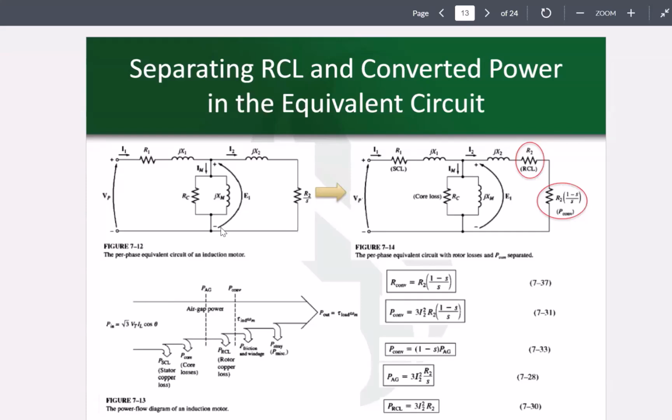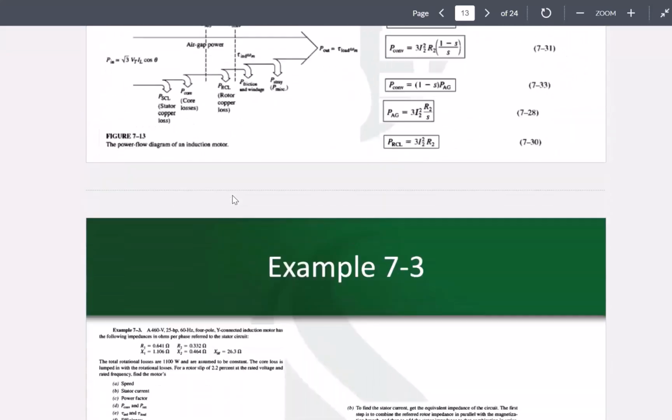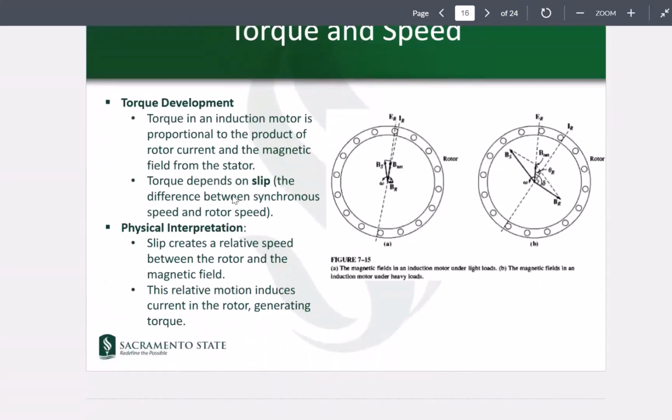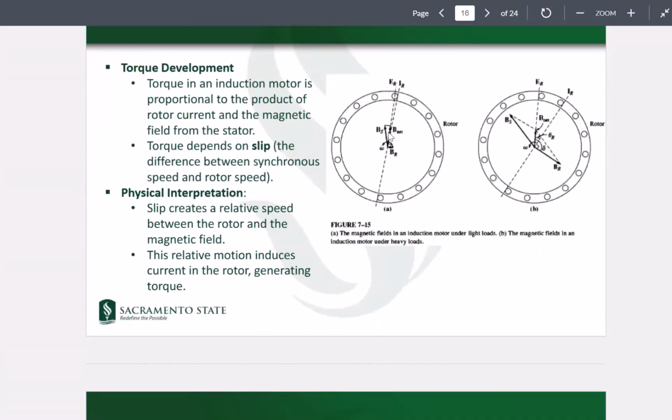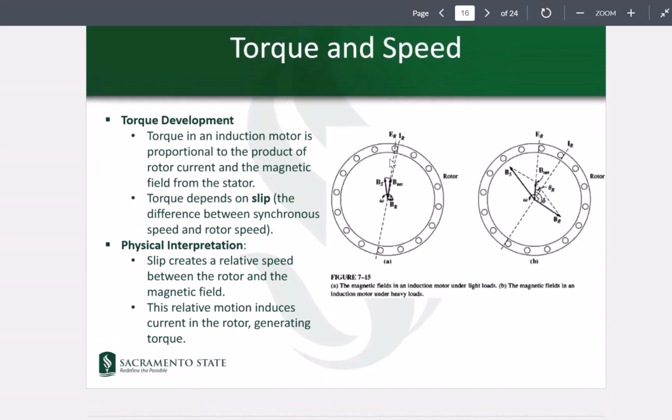Or in other words, this E1 is almost equal to the terminal voltage here, VP, or the source voltage. What I'm trying to say is that this E1, which is really representing that B net, is remaining almost constant, no matter how much load you have in your system.